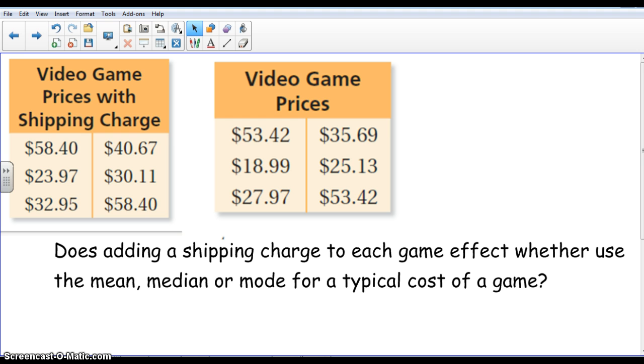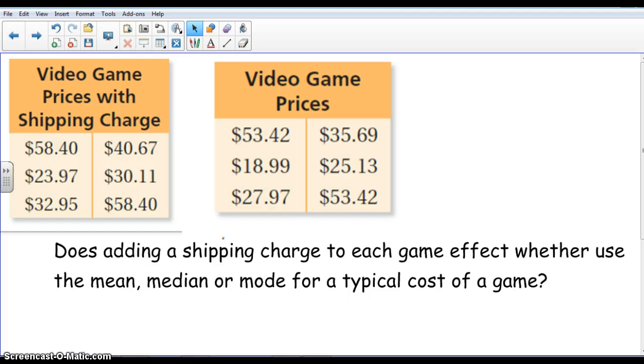Okay, I don't think it's necessary to do the on your own for example 4. Let's move on to example 5. Changing the values of a data set. The two charts: the first one is video game prices with a shipping charge, because in the problem, if you look at your book on page 406, it says the price of each game increases by $4.98 when a shipping charge is included.